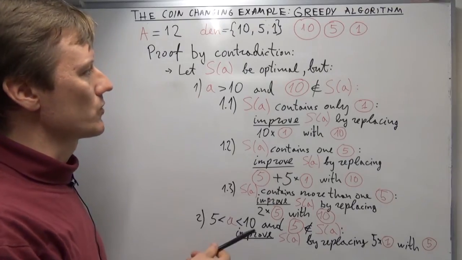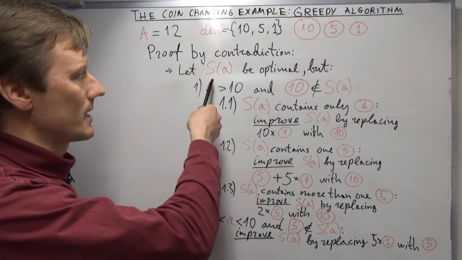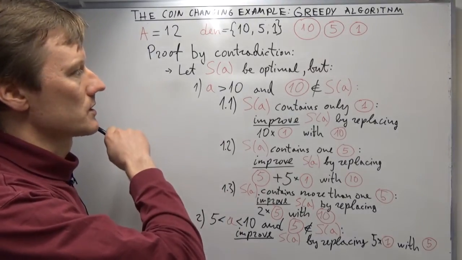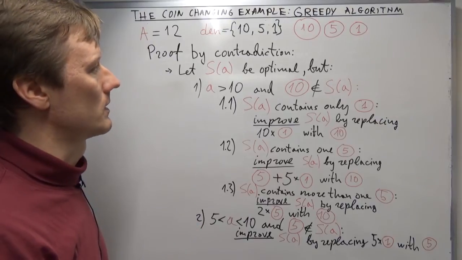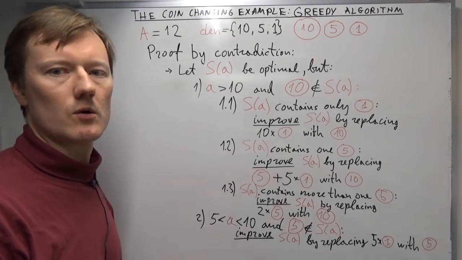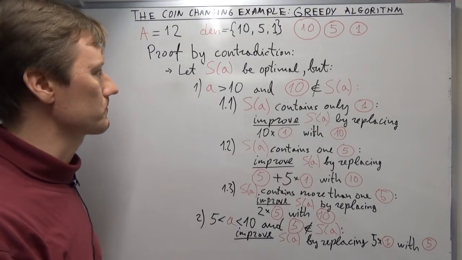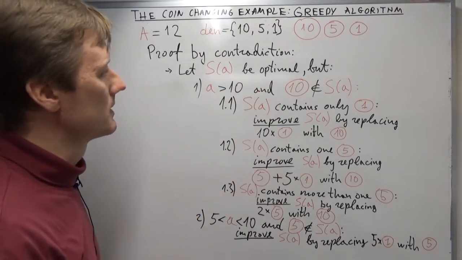And then we show that by modifying the solution so that it includes the greedy choice, you do not make it worse. You make it better or the same. So that's the idea.